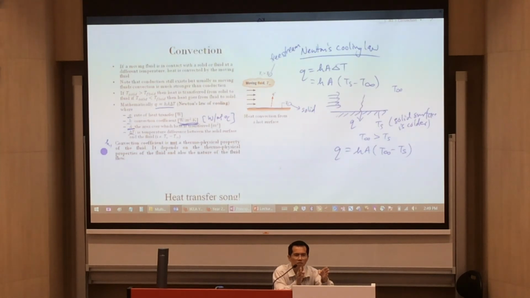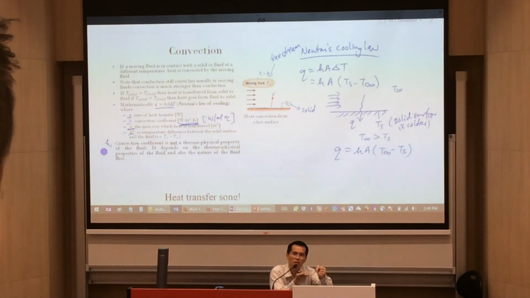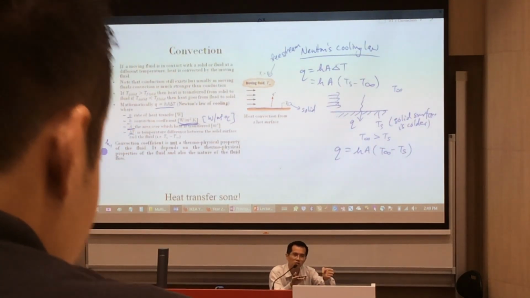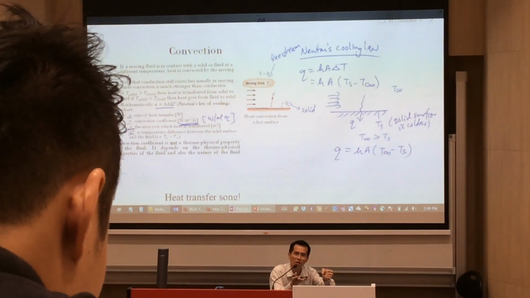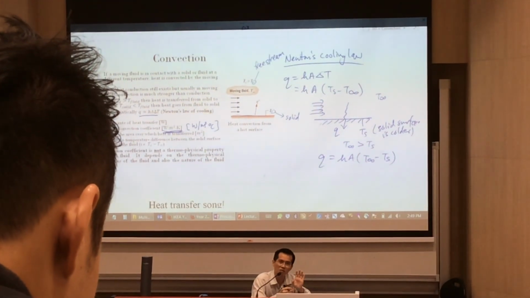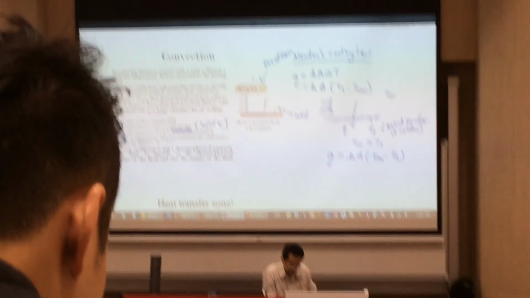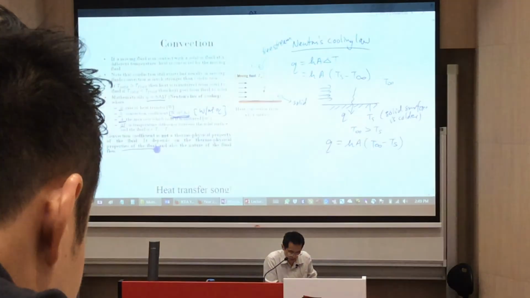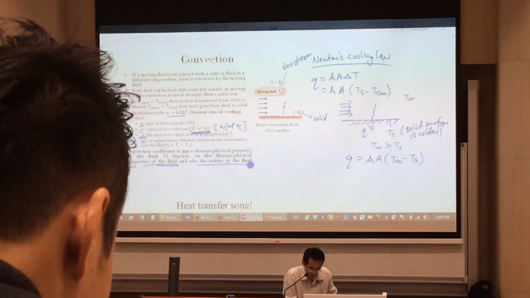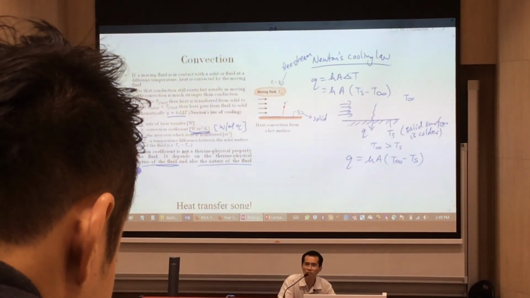K, thermal conductivity, talks about how well the solid can conduct heat. That's the physical property of the solid. But for convection, H is actually not a physical property of that fluid. It relates to the properties of the fluid and also the nature of the fluid flow.